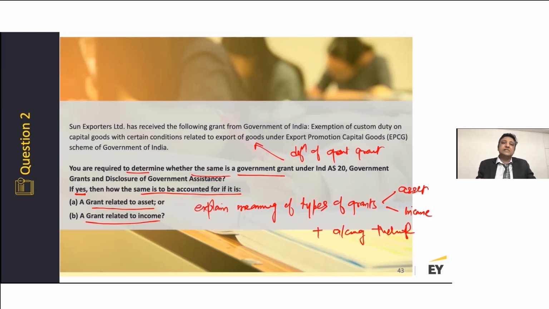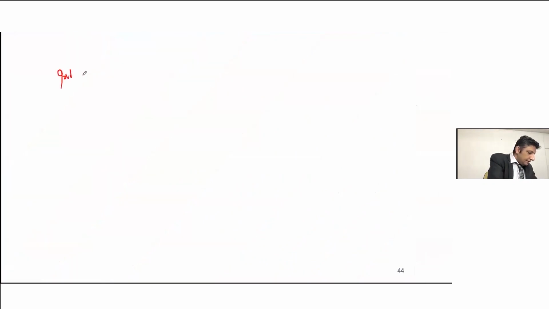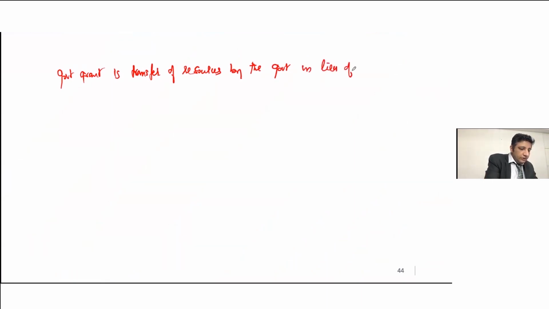Okay, so essentially when you look at the definition of a government grant, how do you define that? We say a government grant is basically a transfer of resources by the government in lieu of past or future performances, right?